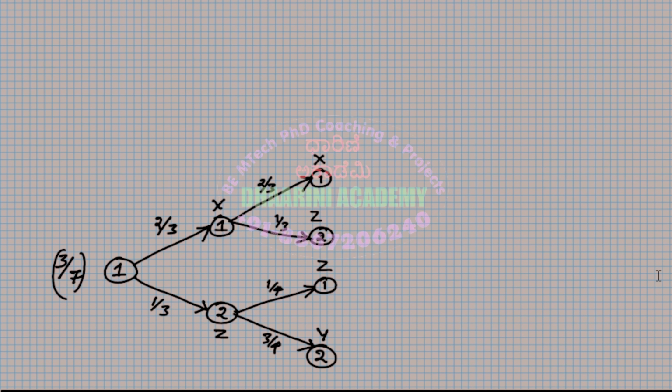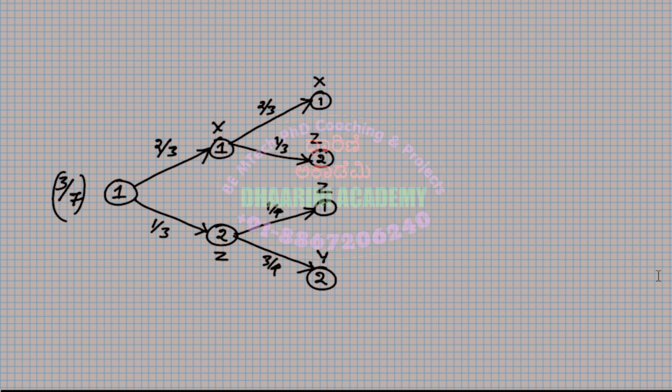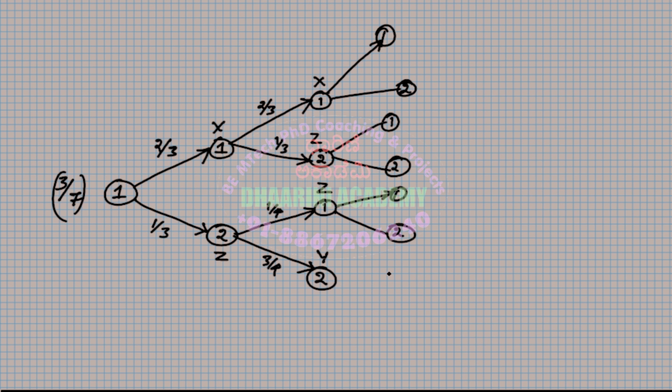Okay, so let me expand from here, right? Each symbol can give you one or two once again, right? So that will be the third extension. So you can see here, I may go to 1 and maybe we'll go to 2. From 2 also you may go to 1, 2 to 2. So 1 onwards I may go to 1 and 2. From 2 take it to 1 or 2. So this is what generates the third symbol.